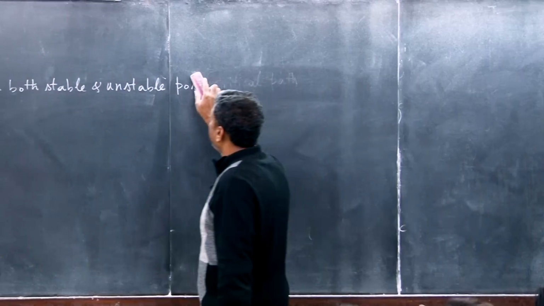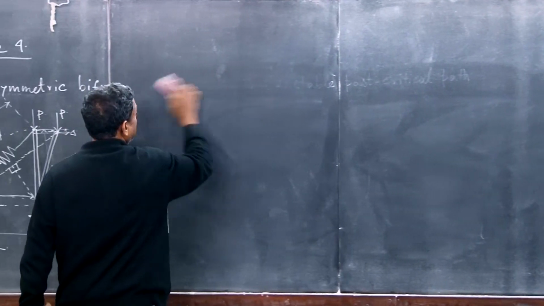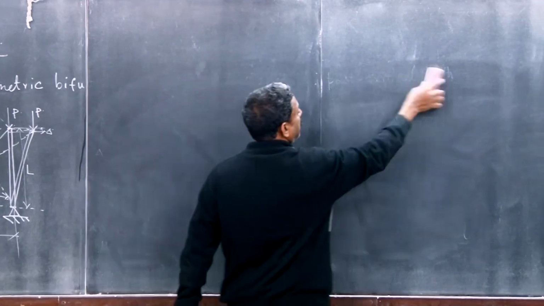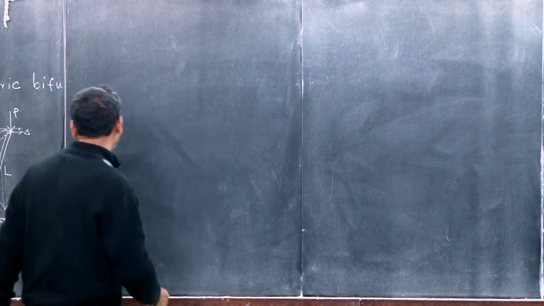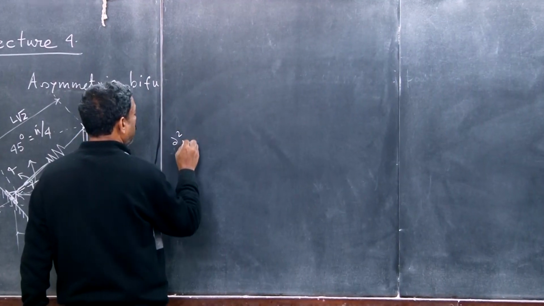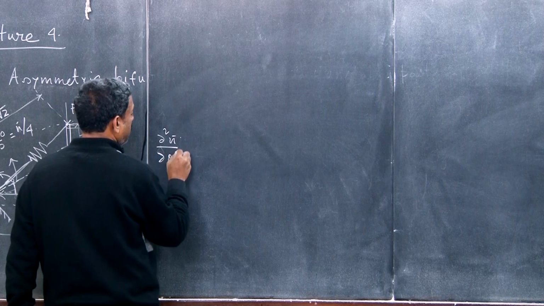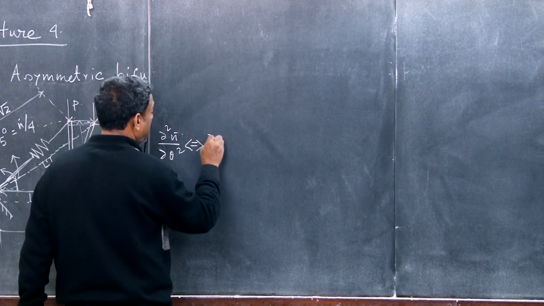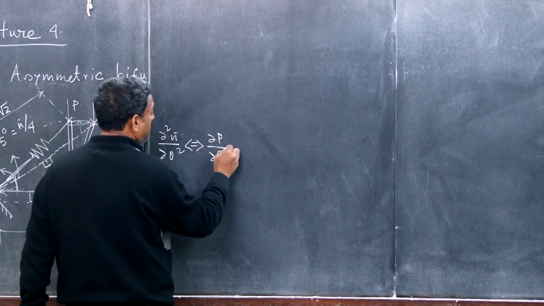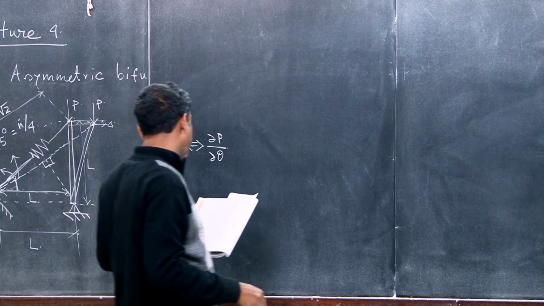And we will also make use of the relationship that del 2 phi del theta 2 is equivalent to del P del theta along the equilibrium path. That's what we will use here.